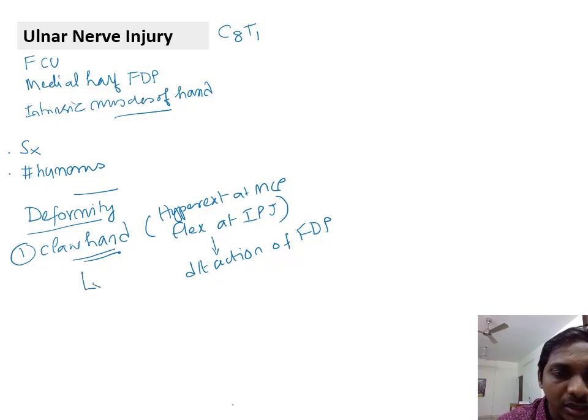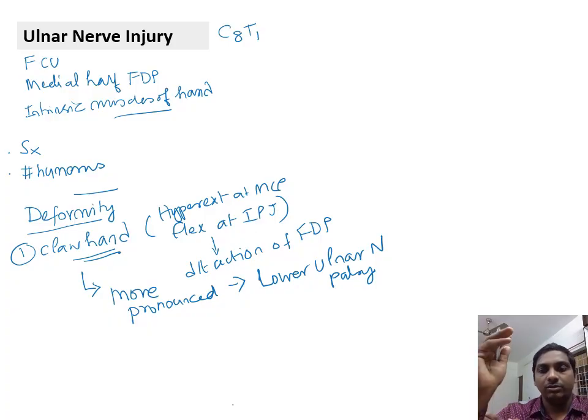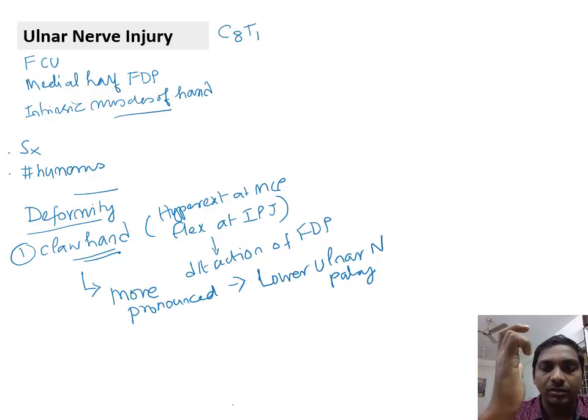So this clawing becomes more pronounced in lower ulnar nerve palsy, like at the level of the wrist. When the ulnar nerve gets injured at the level of the elbow, the supply to the FDP will also be lost, so the flexion is not prominent.